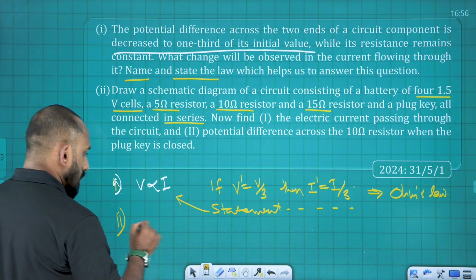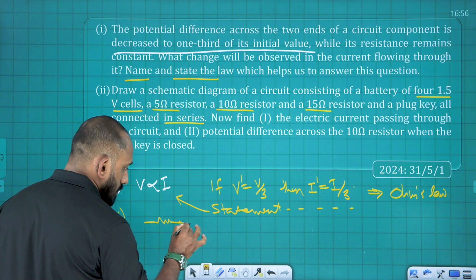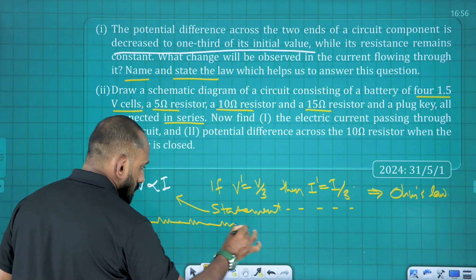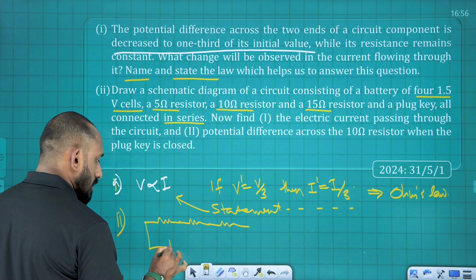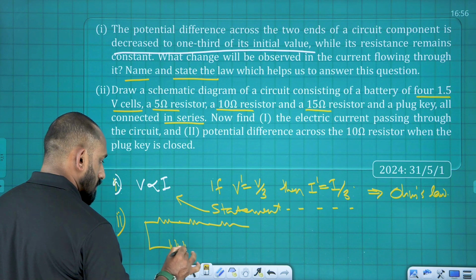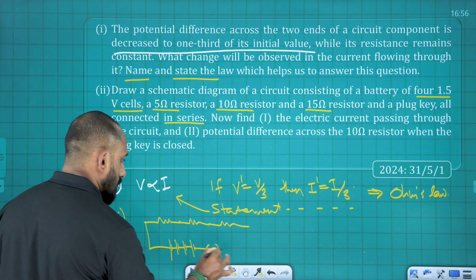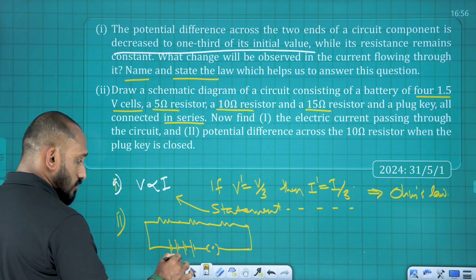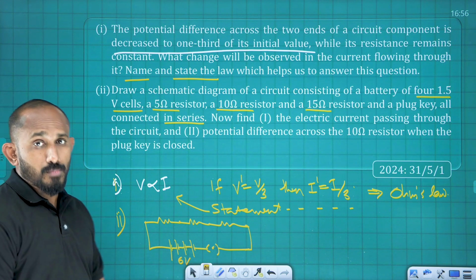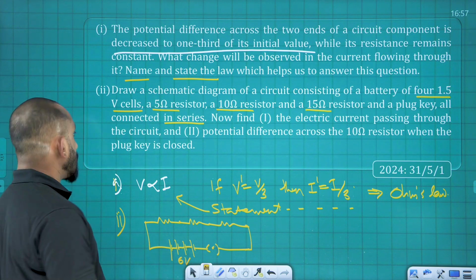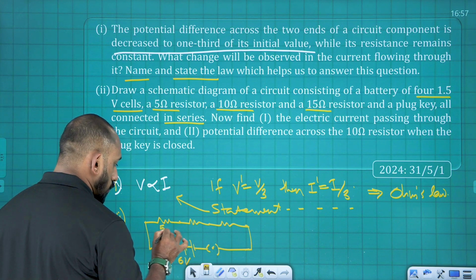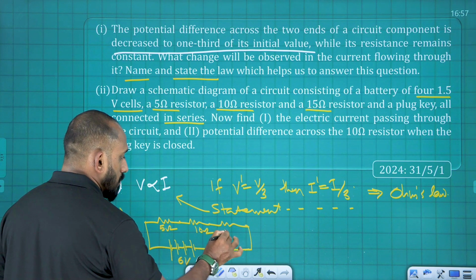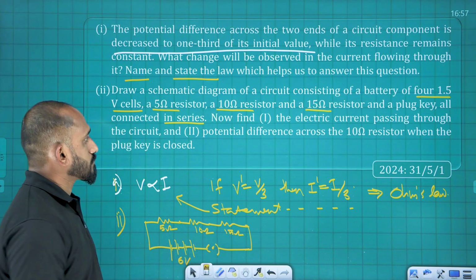What's the figure? 3 resistors are there connected with a plug key, and each cell is 1.5, so the total will be 6 volt, 1.5 into 4. Then the resistors are 5 ohm, 10 ohm and 15 ohm.